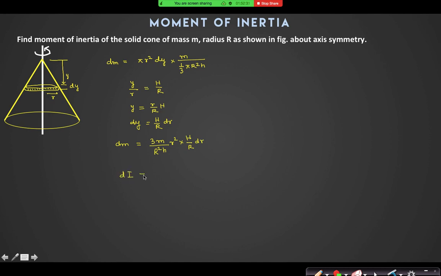Moment of inertia of that small disk is dm into r square by 2, right? So I'll integrate. The formula answer is 3m r square by 10. So that is equal to 3m h, okay, h will get cancelled out.